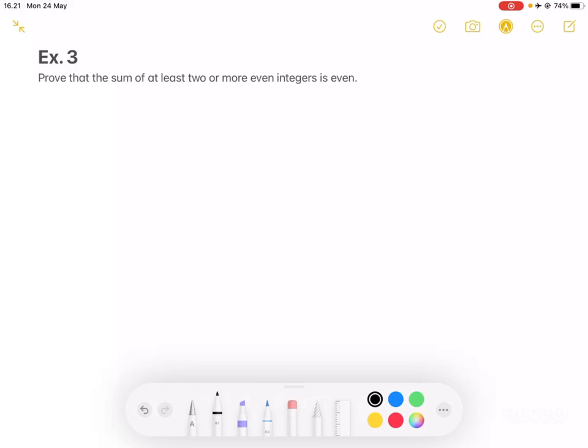Assume for the sake of contradiction, I'll just write by contradiction, this sum is odd. Well, notice that it is odd, which means it could not be any other weird numbers.